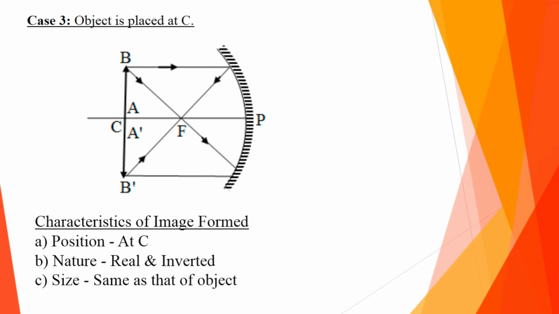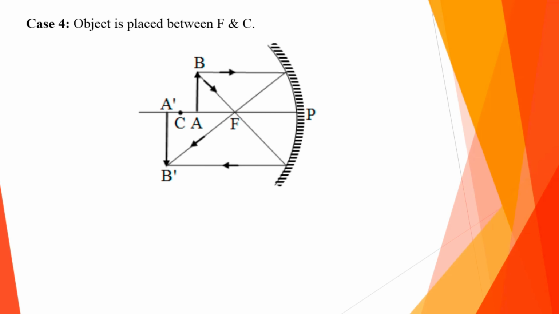And the next case is when the object is between F and C. So when the object is between the center of curvature and F, how does the image form? Here also two rules are used.